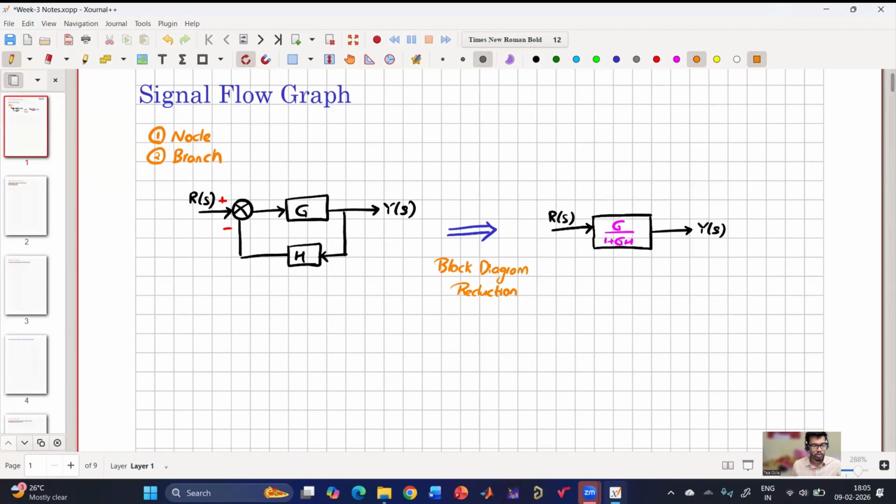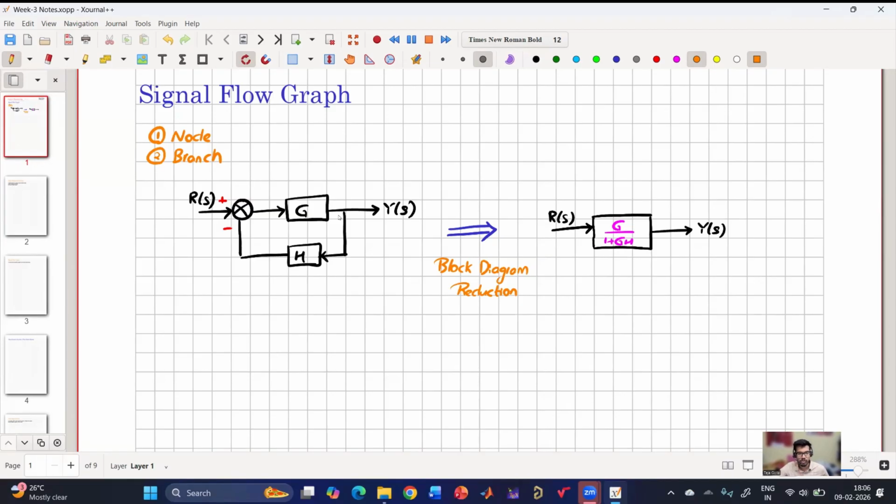How are we reducing it? One way is that we solved for the input to output transfer function using the block diagram itself. But is there any other way? First, we'll learn how to draw the signal flow graph.